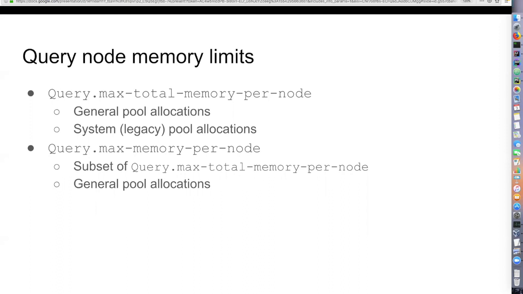I don't know if you are familiar with the system memory, but this is a concept that was removed from the system some time ago. Previously, there was yet another pool which was called the system pool, but it's not there anymore. However, for legacy purposes, queries can still allocate memory and call it system memory.